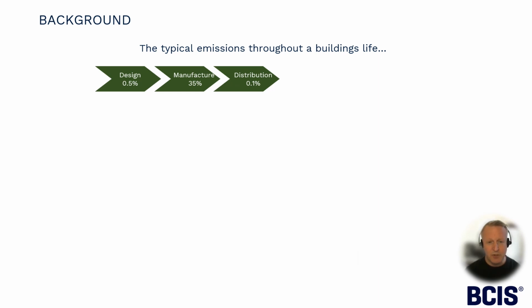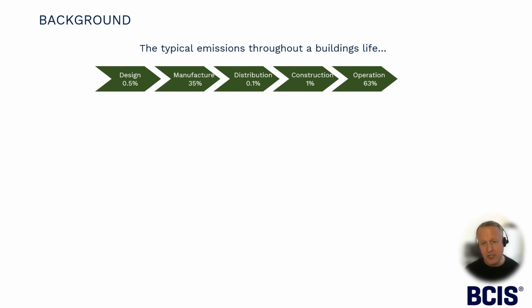The distribution of those, the transportation of those products over to site, again, would be relatively small, depending on obviously where you get those materials from. Again, we'll be covering that in a little bit more detail shortly. The construction element itself, again, would be relatively small.